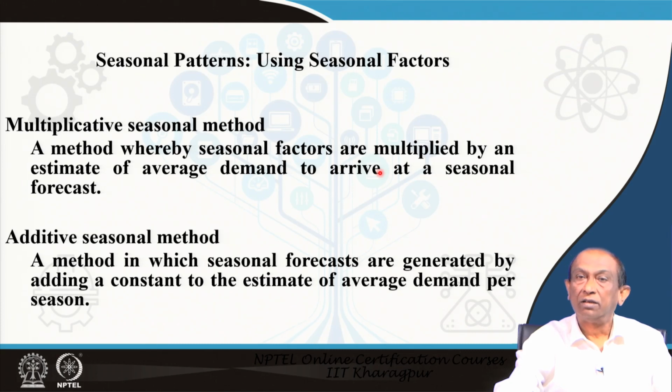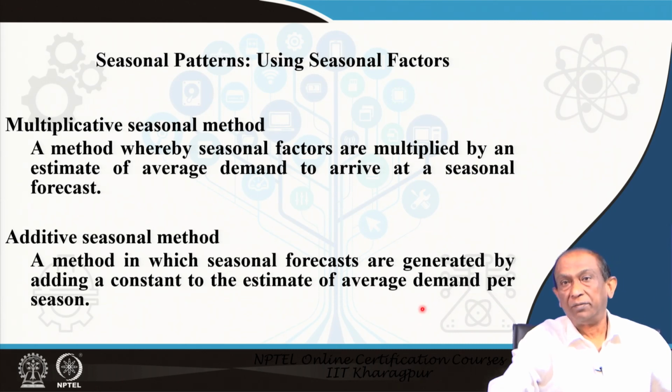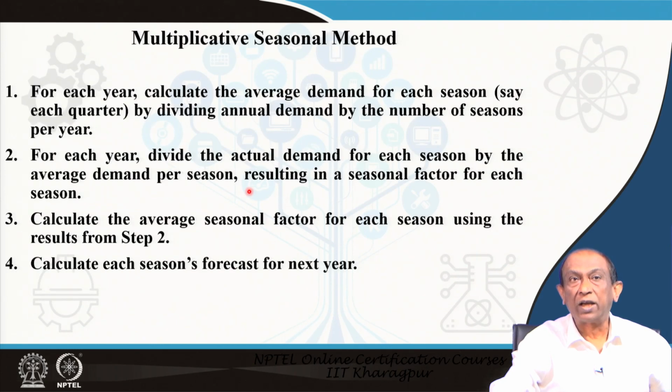So, the task is to compute the seasonal factors. The second method is almost the same, only instead of multiplication, the seasonal forecasts are generated by adding a constant to the estimate of average demand per season. So, we will talk about only this multiplicative seasonal method, because that is more widely used.